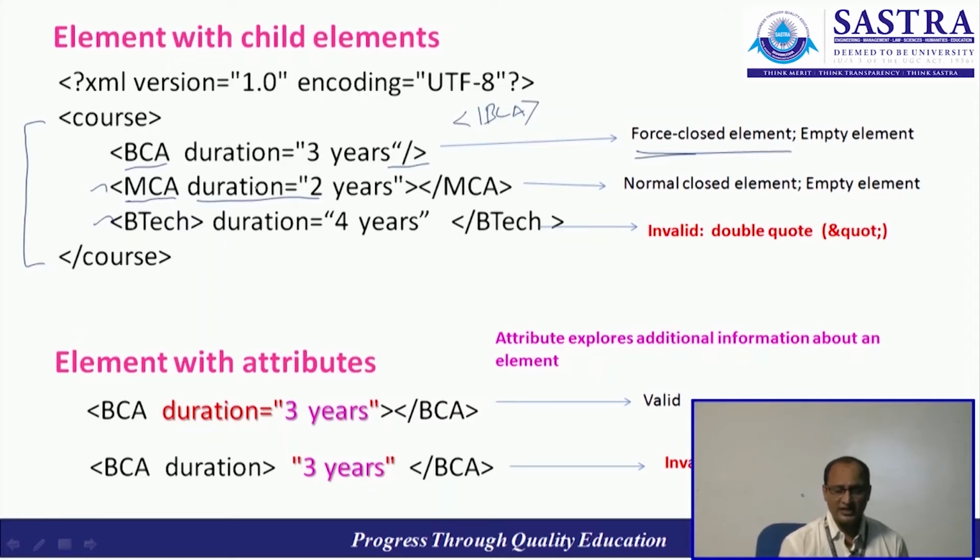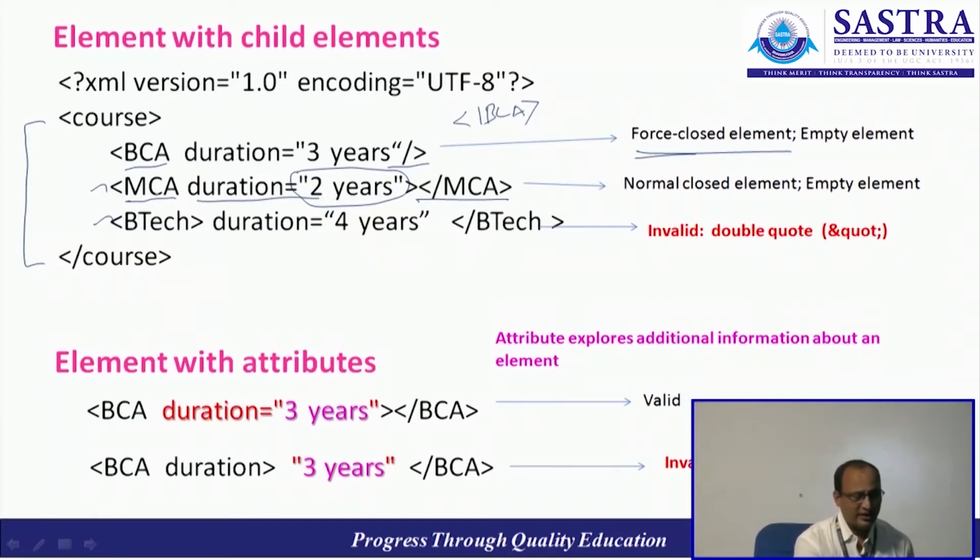So duration is an attribute, equal to, within double quotes, 2 years has been given. This is the attribute value, duration, value 2 years. MCA has been closed with the closing tag slash MCA. Is it right or wrong? It is also the right approach.